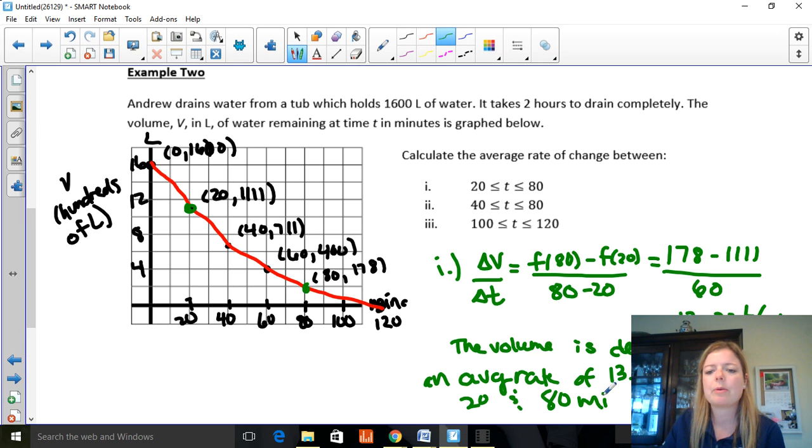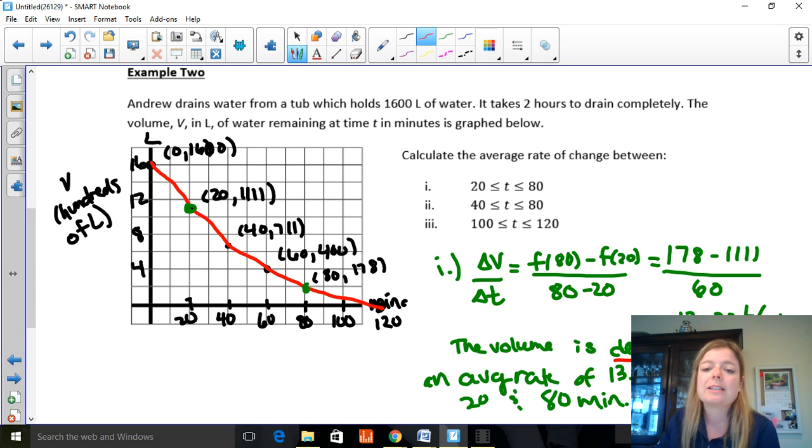Now I want you to take a close look at how I answered this question, because there are a few areas for error that people make. First of all, it's crucial that you use the word decreasing in your answer. I'm looking for you to interpret the negative to mean that the volume is decreasing. I'm also looking that you're not putting a negative in front of the 13.33 in the sentence, because using the word decreasing has already taken care of explaining why that negative is there.